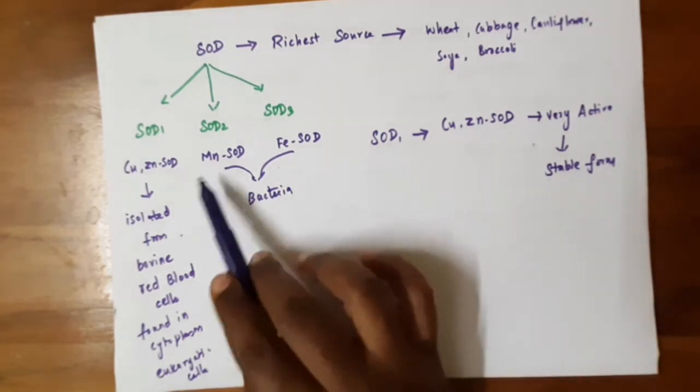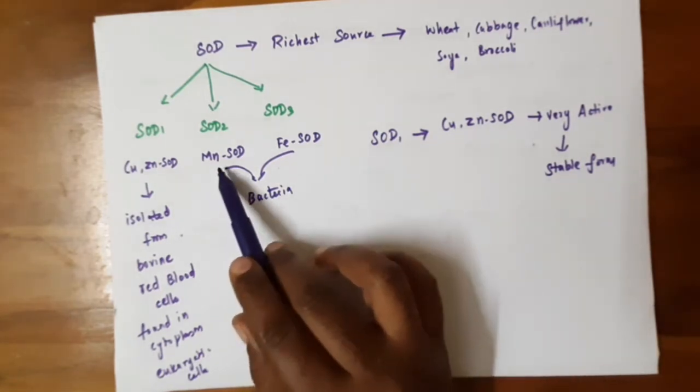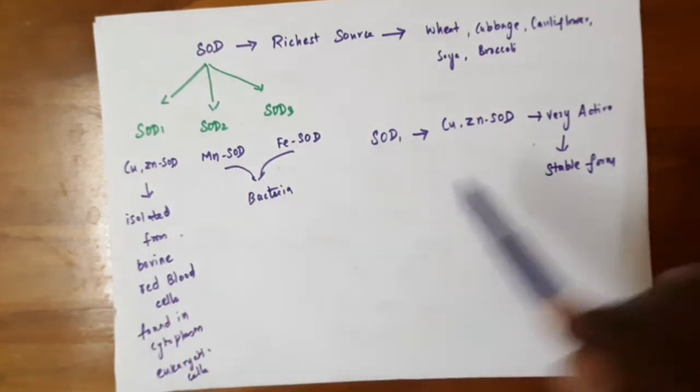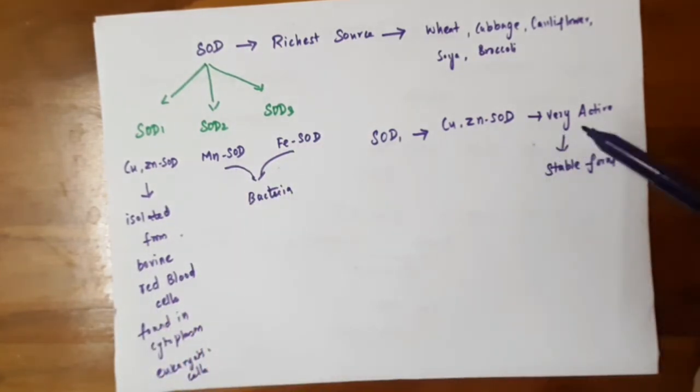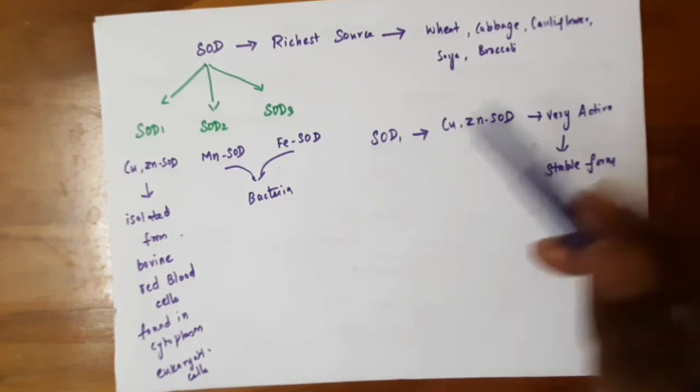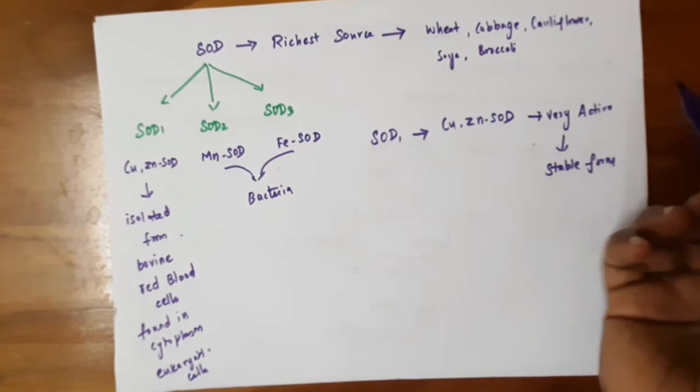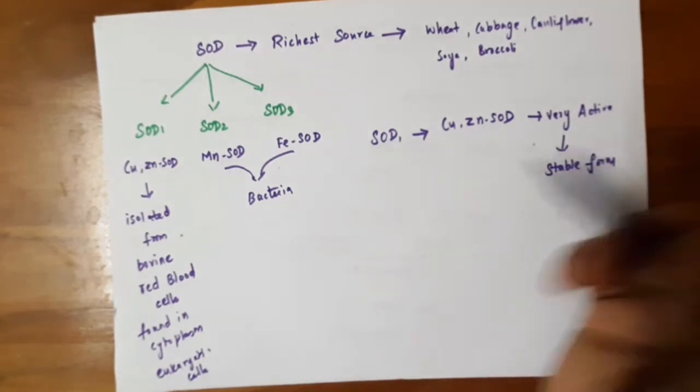Manganese can also be replaced by nickel, so nickel superoxide dismutase is also available. Among these three forms, copper zinc superoxide dismutase is the very active and stable form. Superoxide dismutase is used to catalyze free radicals to molecular oxygen.